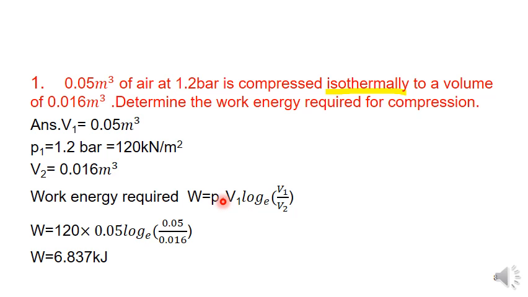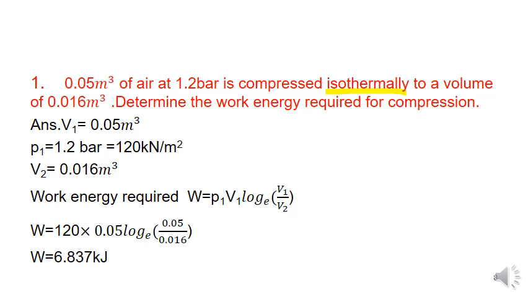Substitute P1 is 120, V1 is 0.05, log base e of V1 by V2. By doing the calculation, we get 6.837 kilojoules, because here we take the pressure as kilonewton per meter square, so we get the answer in kilonewton meter. I am writing this newton meter as joule. This is the first problem based on the isothermal process.